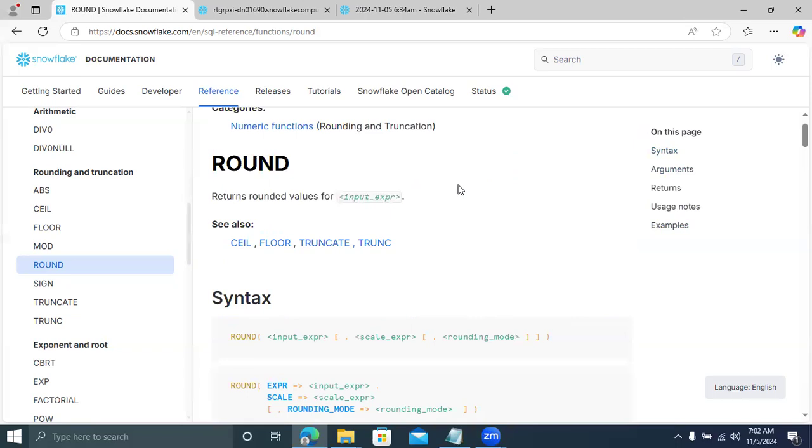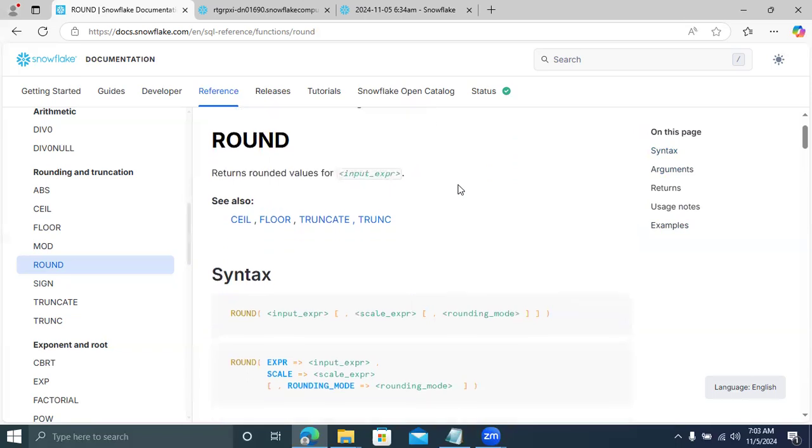Now I will explain how the round function works. It works in both fashions. If you are getting 5.5, that value will be rounded to 6. If the value is 5.4, that value will be rounded to 5.